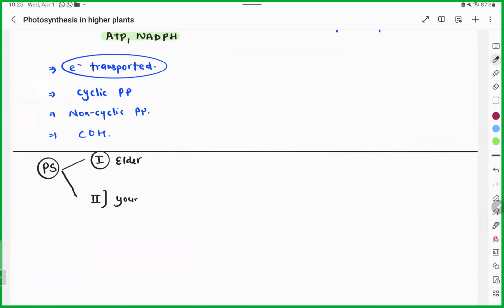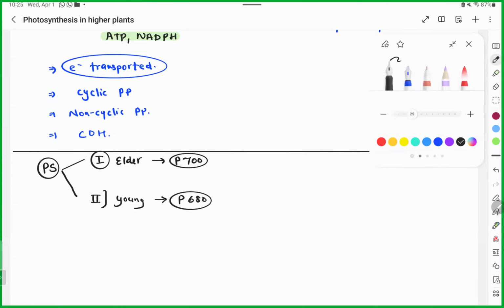Correct? So, the elder one will have more potential. Photosystem 1 can absorb maximum 700 nanometer light, but the young one can process minimum energy, that is 680, P680.